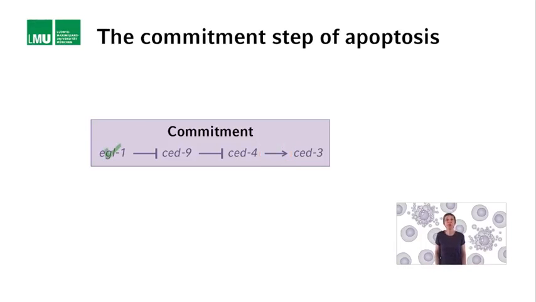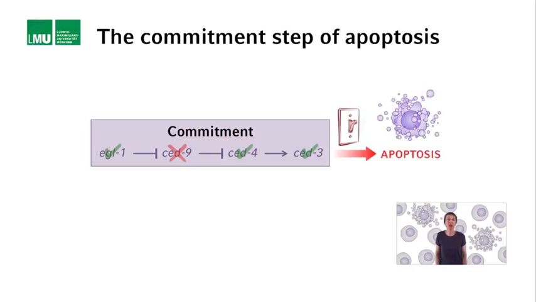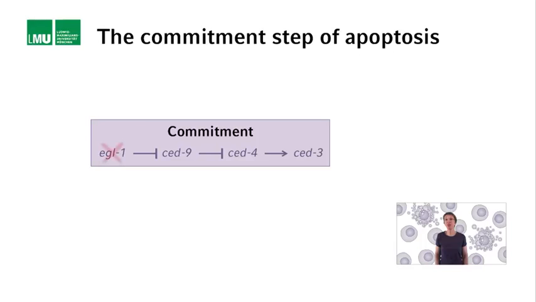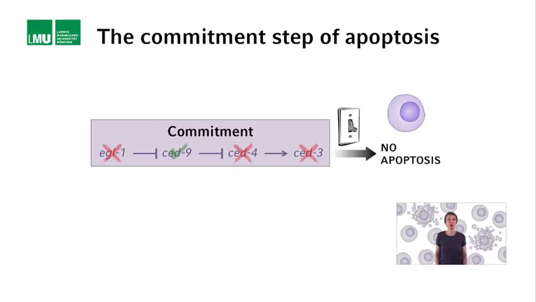For example, when the most upstream component of the pathway, AGO1, is active, then SET9 should be inactive, SET4 active, and SET3 active. This should lead to a commitment to the apoptotic fate and therefore death. Conversely, when AGO1 is inactive, then SET9 should be active, SET4 inactive, and also SET3 inactive. This should not lead to a commitment to the apoptotic fate.